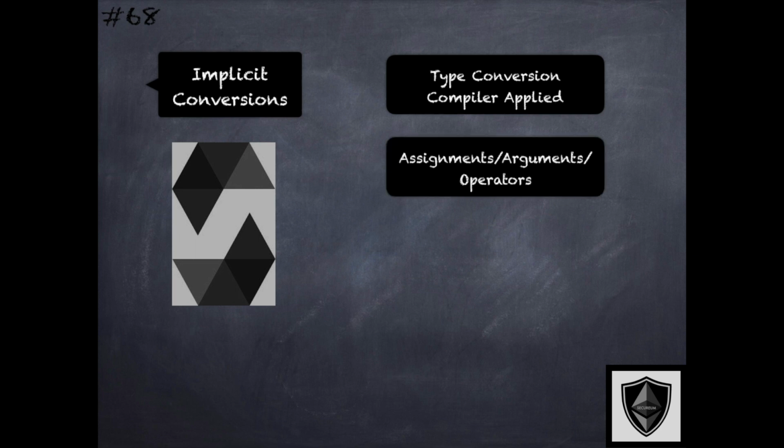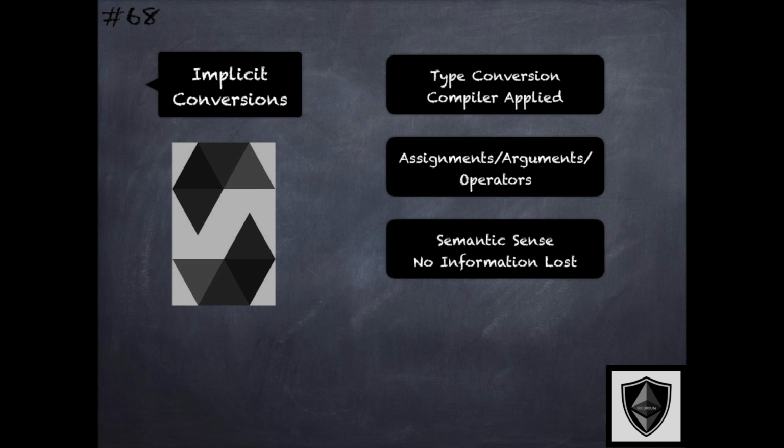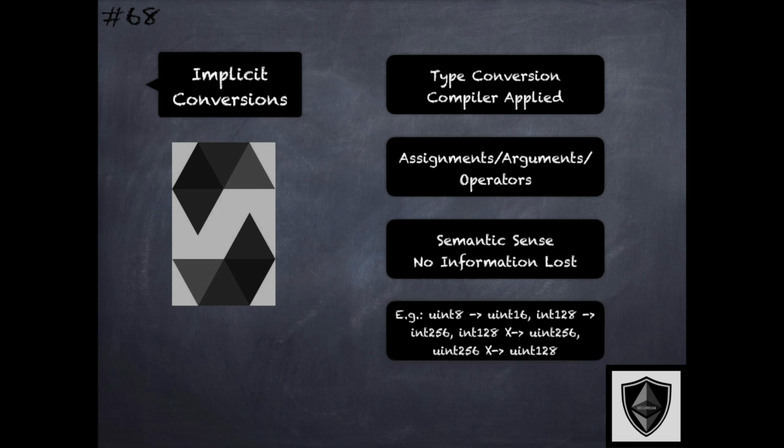And such conversions happen during assignments of variables, when variables are passed as arguments to functions, and the parameter types of those functions are of a different type than the arguments applied, and in other contexts as well. Examples of implicit conversions in the case of Solidity are converting a uint8 to uint16 or int128 to int256 and so on, where the resulting type is bigger in the sense of the storage supported than the type that is being converted from.